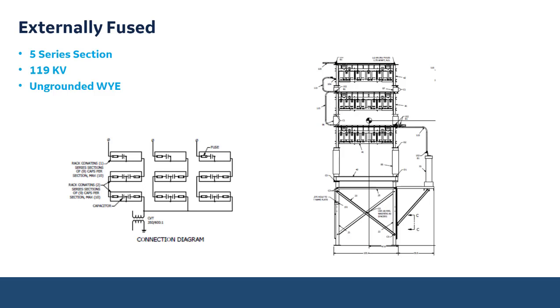So you can look at your connection diagram here, where you can see each rack. The first rack coming on from your phase has one series section, and that rack is bonded after there. Then you go around to the second rack, and you have 2 series sections, and down to your third, and you have 2 more series sections.